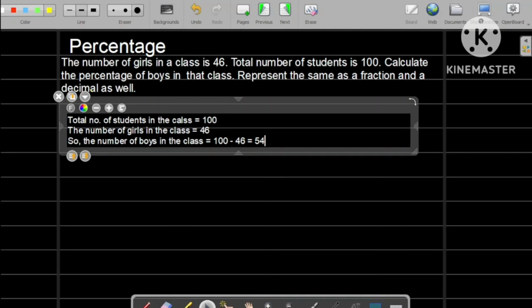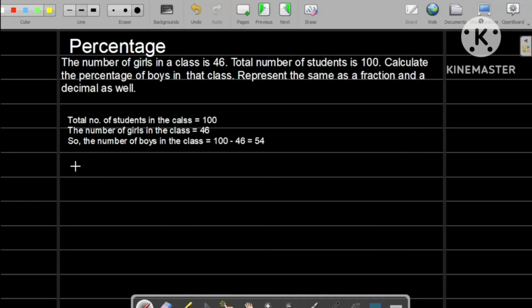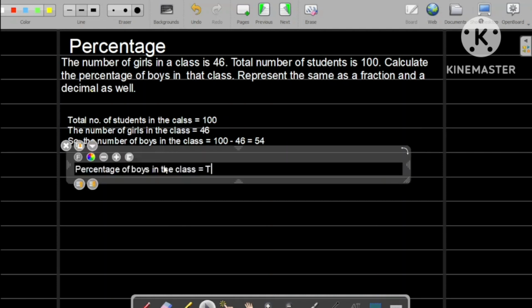Now what will we do? We need to find out the percentage of boys in the class. Percentage of boys in the class is equal to the number of boys divided by the total number of students.